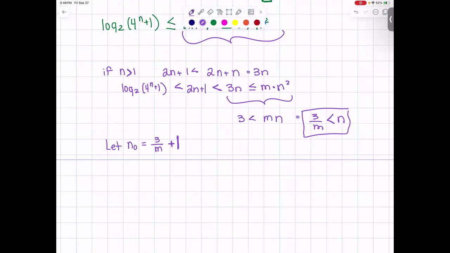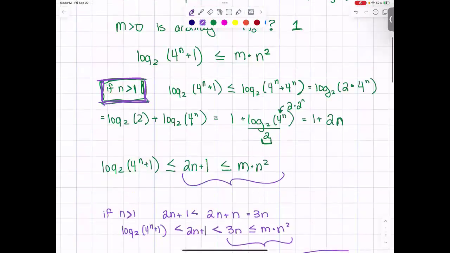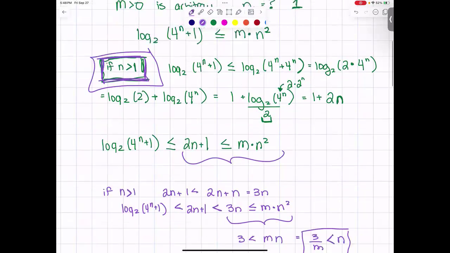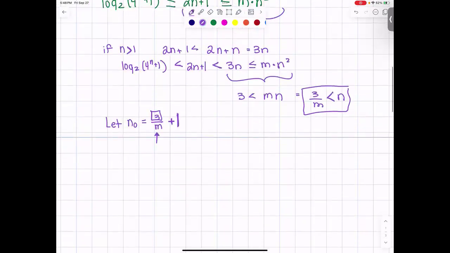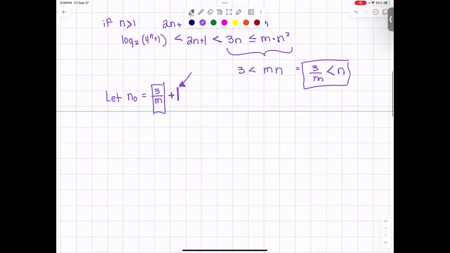In doing so, we'll ensure that regardless of how small our m is, if m is very small and this is very large, we will definitely be over n greater than 1. And if instead m is very large, which will make this whole term very small, we use this to ensure that we're still going to push ourselves up and over that n greater than 1 term.